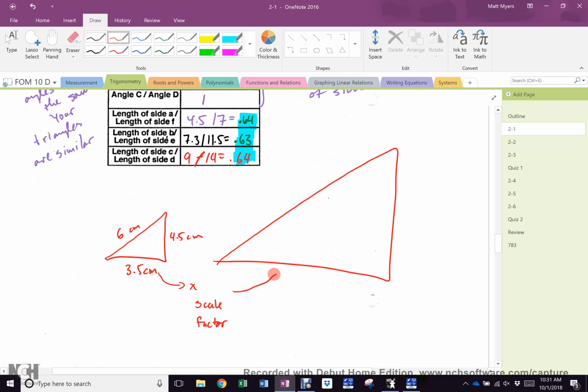And that gets me the real life measurement.